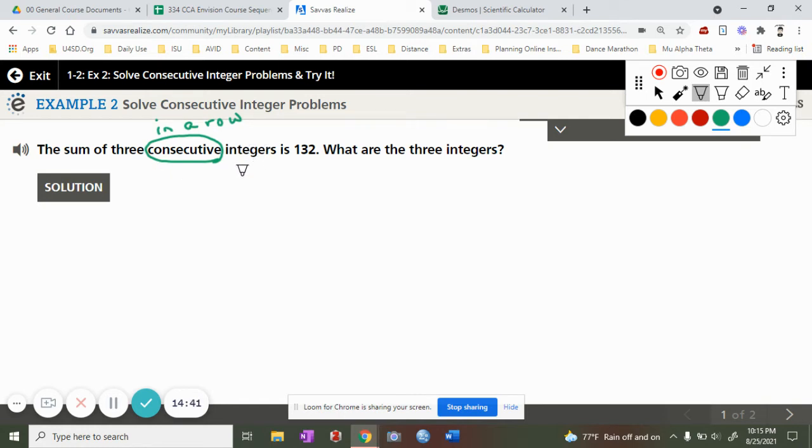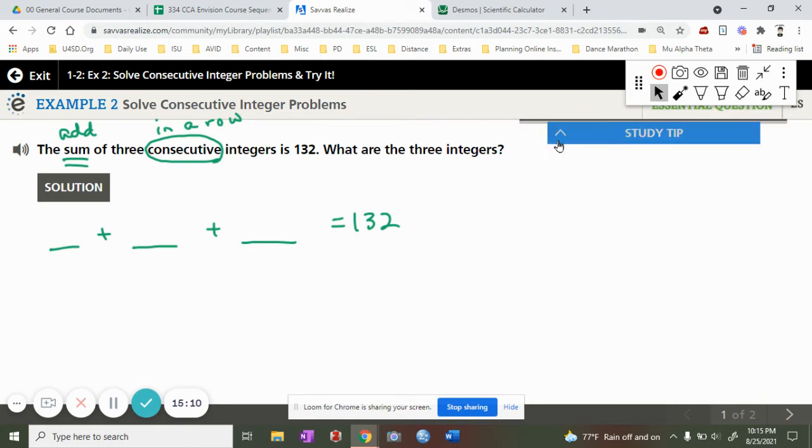Integers are numbers. They can be positive or negative. So 3 numbers in a row add up to 132. So I have one number plus a second number plus a third number equaling 132.